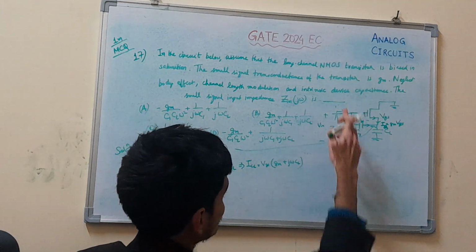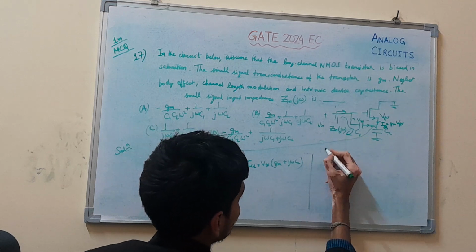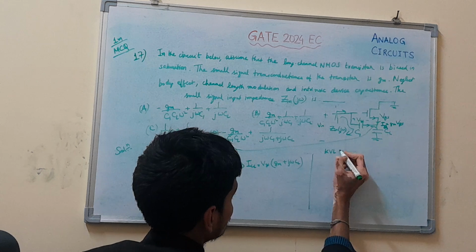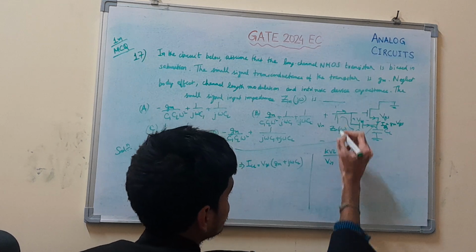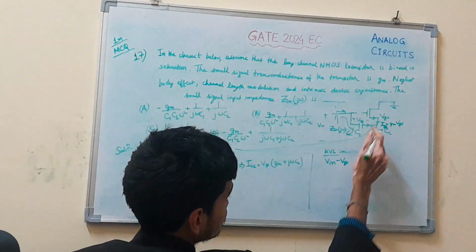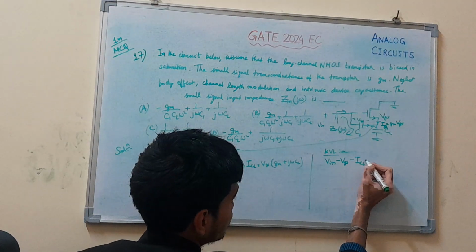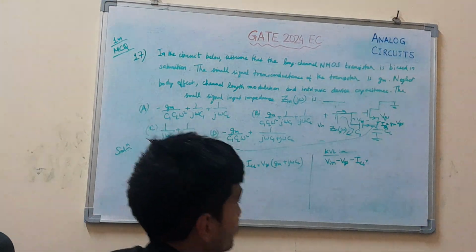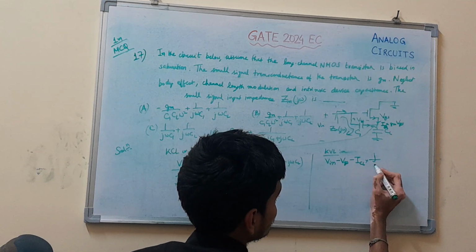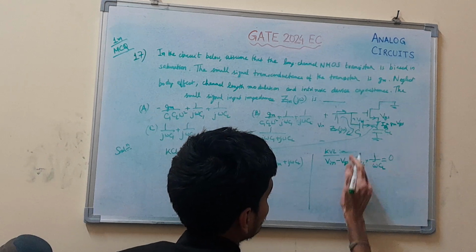Now let's write the KVL equation, mesh analysis. What do we get? V in minus VGS minus the drop across this capacitive impedance, so ICL times the capacitive impedance, which is 1 by j omega C1, equal to 0.